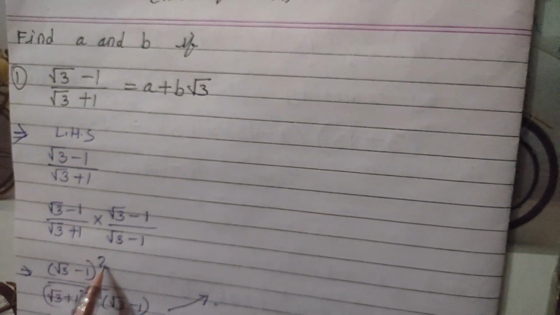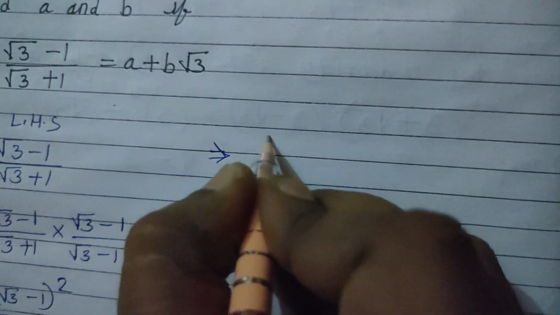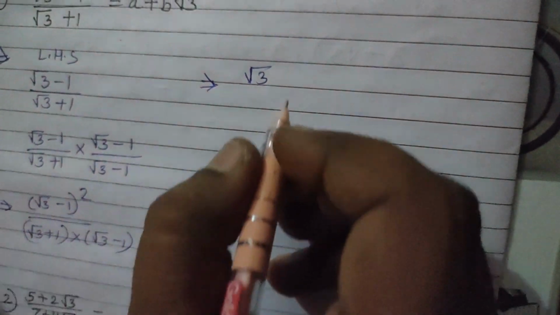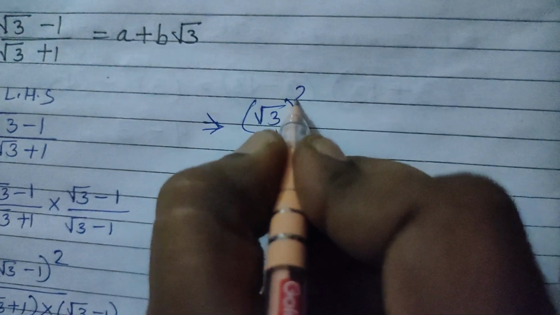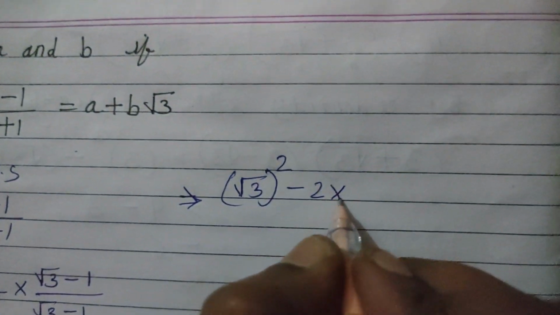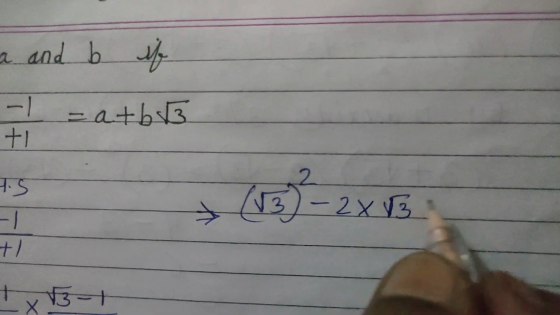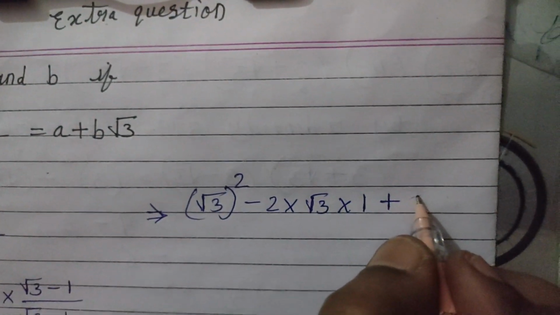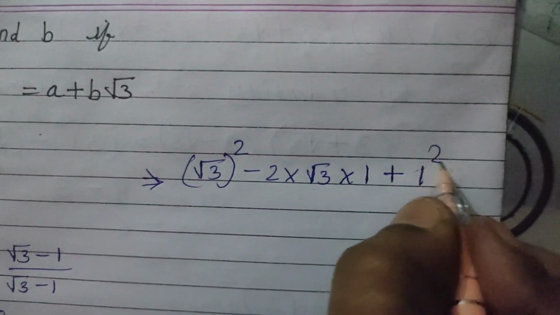Now root 3 minus 1 whole square means the second identity, a minus b whole square, where root 3 is a and 1 is b. So root 3 square minus 2ab, that is 2 into root 3 into 1, plus b square, that is 1 square.